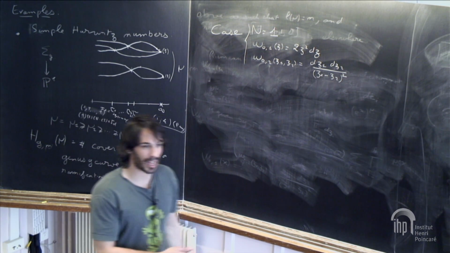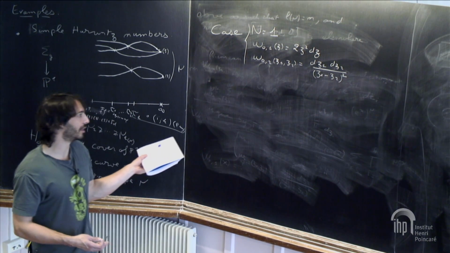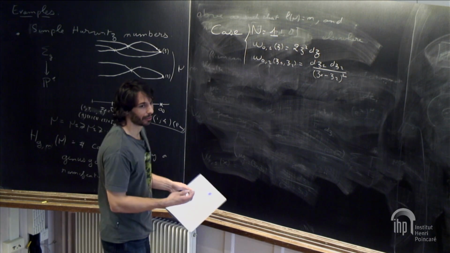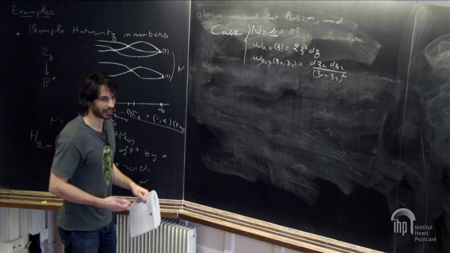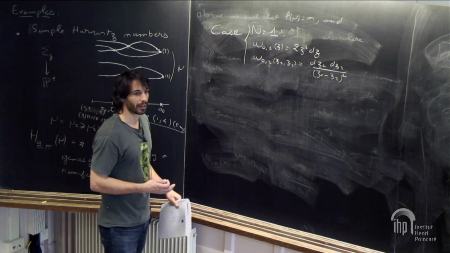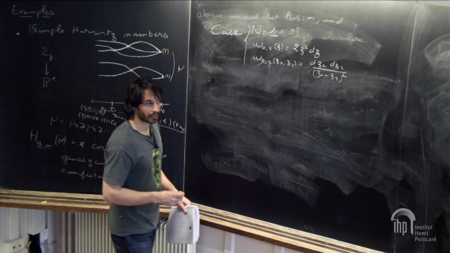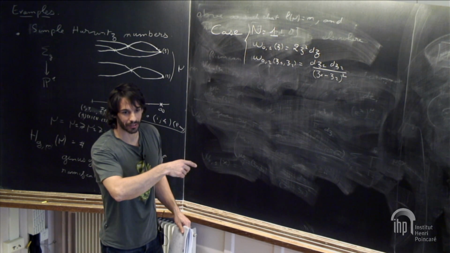So I will come to that, but basically it would be related to the enumeration of ribbon graphs. So what you will get will be intersection numbers on the moduli space of Riemann surfaces. And so it will be a sum over ribbon graphs. So it's another moduli space, which I will consider.